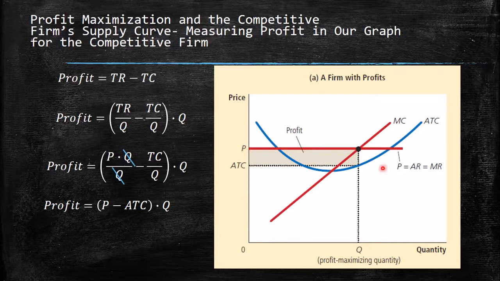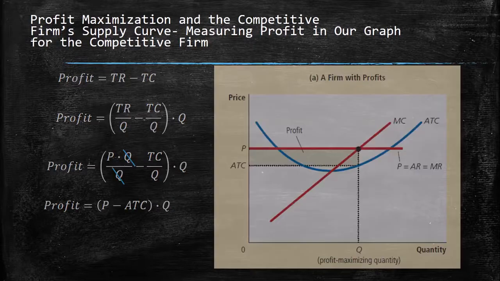Remember, this is the price, which is exactly the same as the average revenue and the marginal revenue, because we are in a competitive scenario. At this price we have this difference. To the firm it costs this much, but they sell at this price, and this difference times the quantity that the firm sells is the profit.